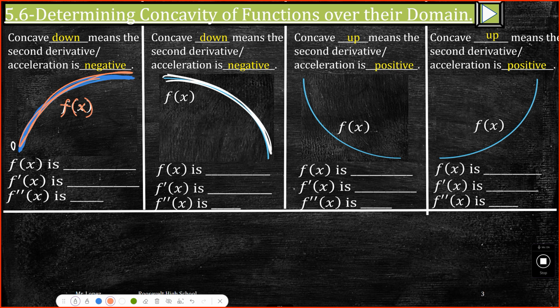The slopes are positive. The tangents are still positive. But f of x is not talking about slopes. It's talking about the actual function. The function is increasing. So f of x is increasing.